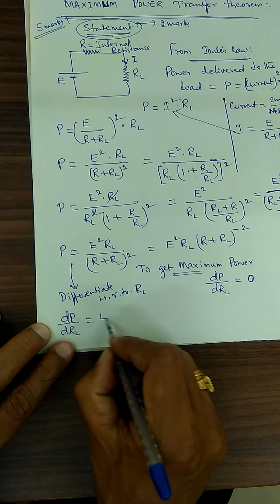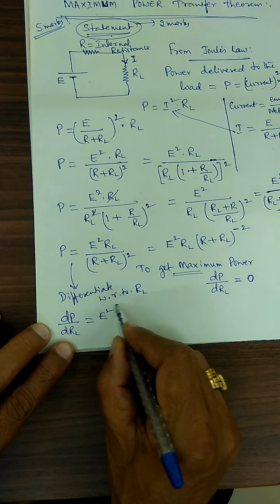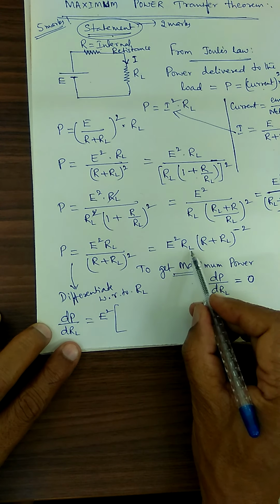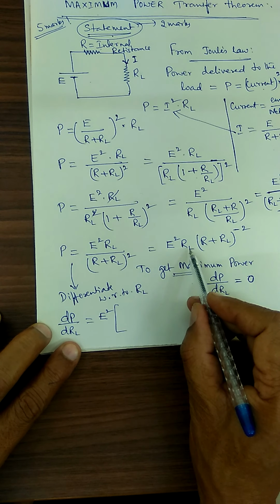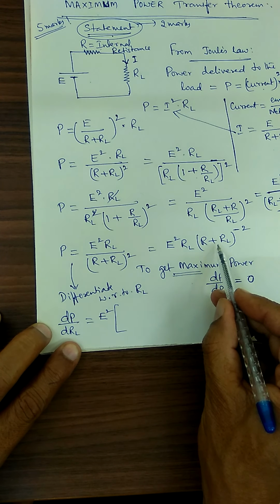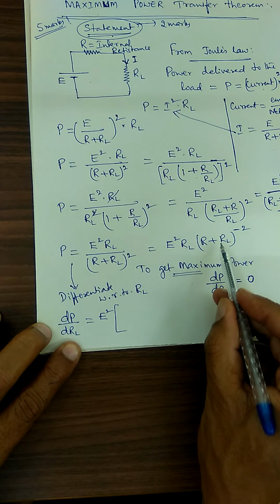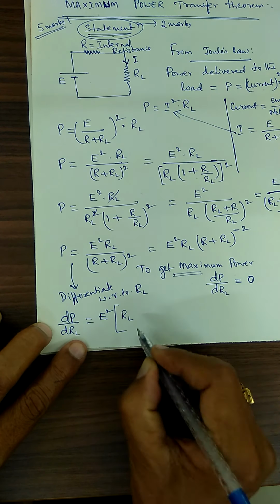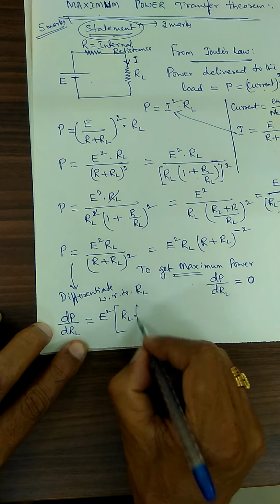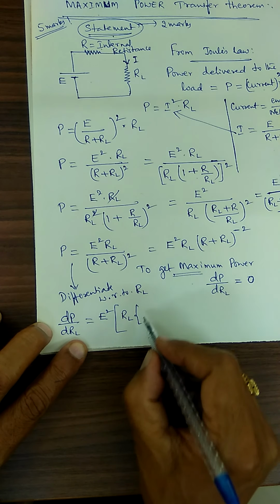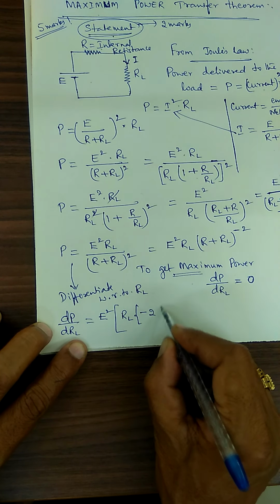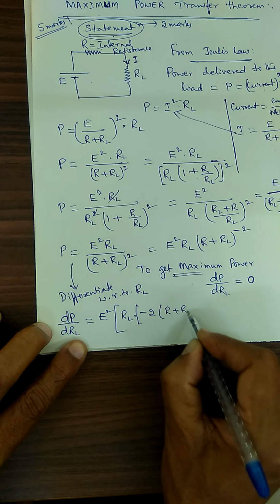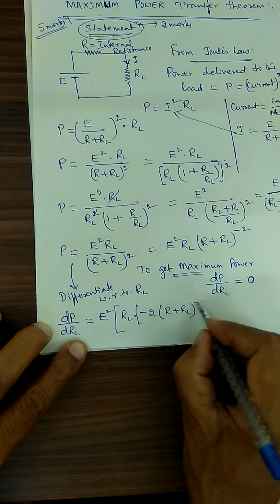You differentiate E square, I will take it outside. U into V, product rule: U into V dash plus V into U dash. So first I will take U into V dash. Differentiation of this: minus 2 into R plus RL, here it is minus 3.